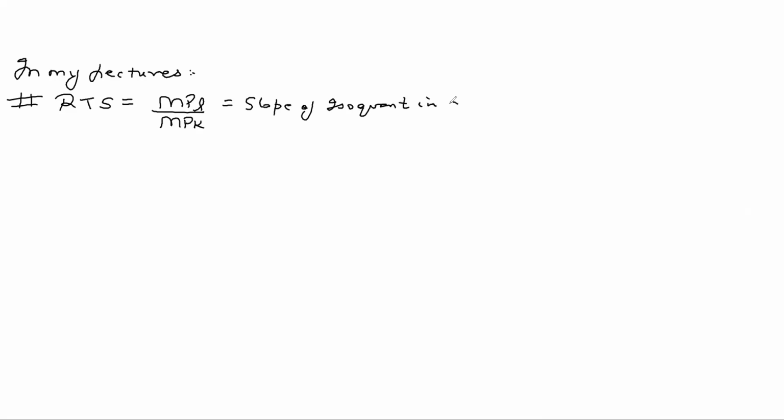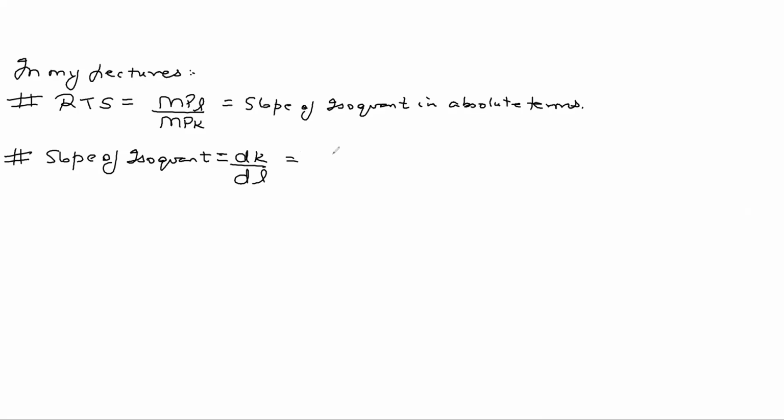Which is the slope of the isoquant in absolute terms. But when I talk about the slope of the isoquant, it is dK/dL, which is minus MPL by MPK, which I can also write as minus RTS.